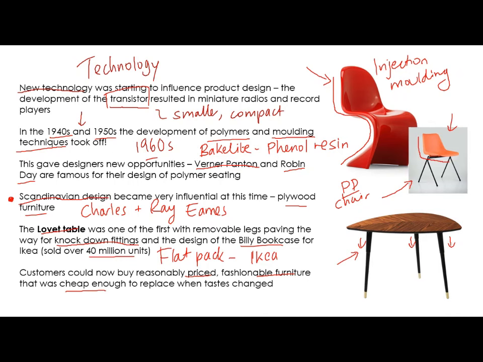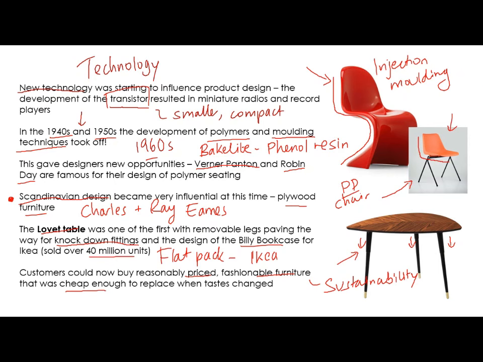Now, obviously, there are some negatives to this in terms of sustainability, because it also meant that products would be discarded quite quickly and replaced when actually they could last a lot longer. So that's its own issue.